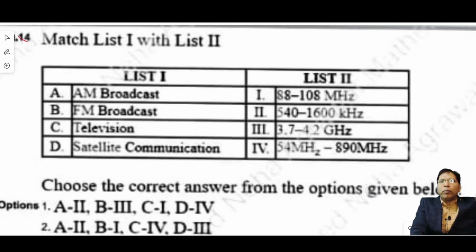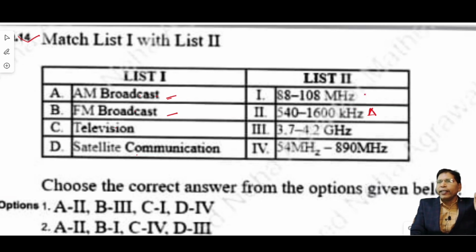Now question number 14. Look at this. There is a matching type question. AM broadcast, FM broadcast, television, satellite, and here the frequencies are given. AM broadcast is done at the least frequency. So this is A. Now FM broadcast is slightly higher than the AM broadcast.